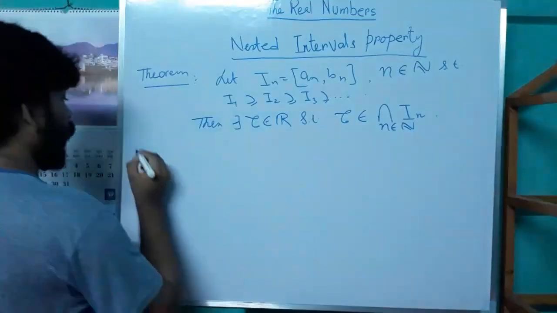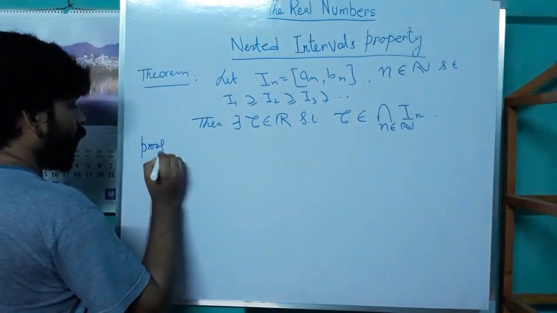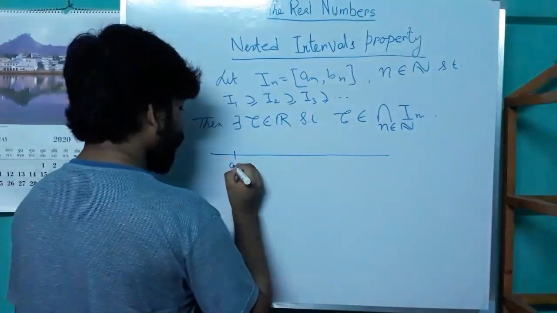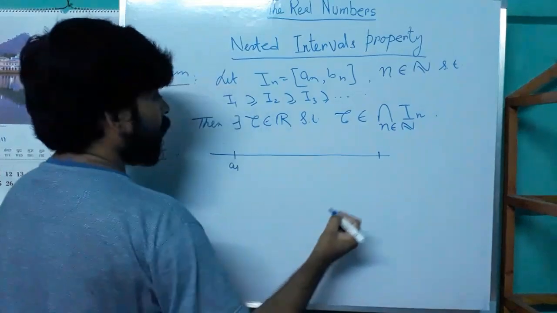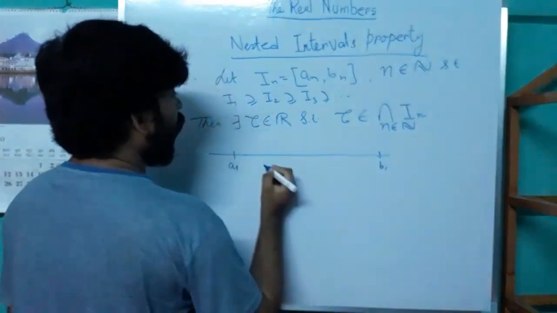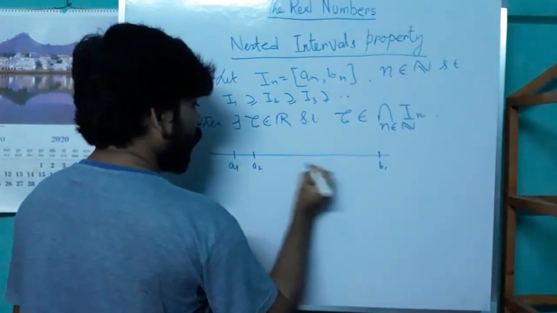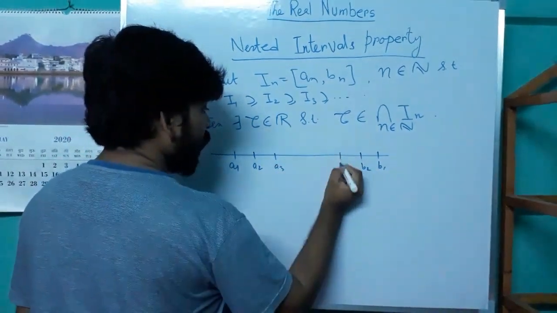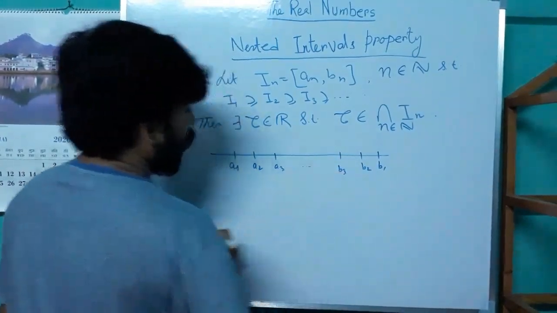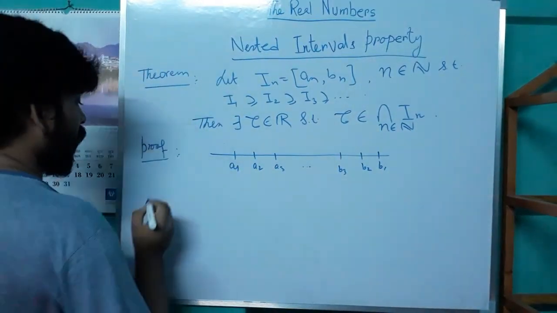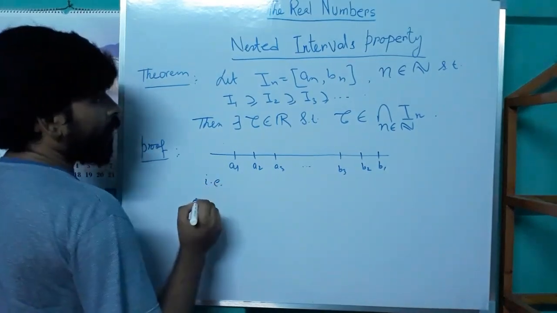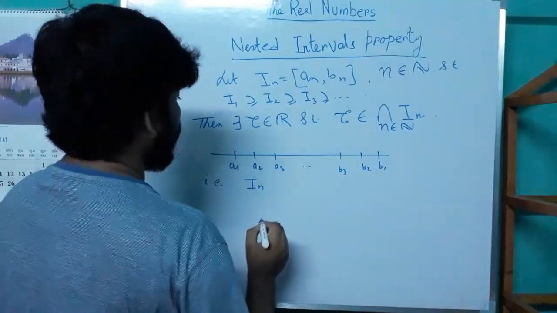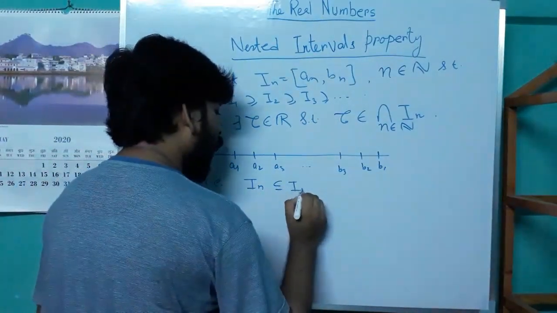Okay, proof. So given that I1 is a superset of I2 and I2 is a superset of I3 and so on, that is, all the intervals are subsets of I1.